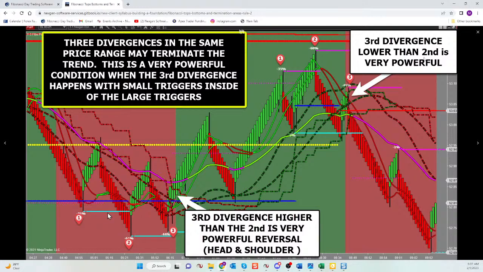And they'll always print together. Cyan from a low, magenta from a high. It means that when price came down and back up, the momentum didn't follow. It's the easiest way I can describe divergence. It's a loss of momentum. When it happens 3 times, it may terminate the trend. And then we're going to add to that.